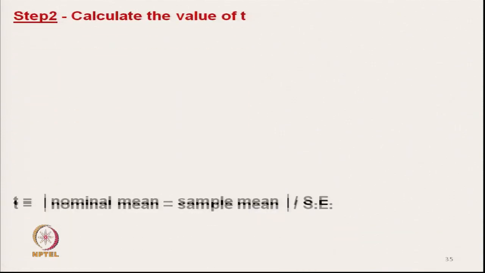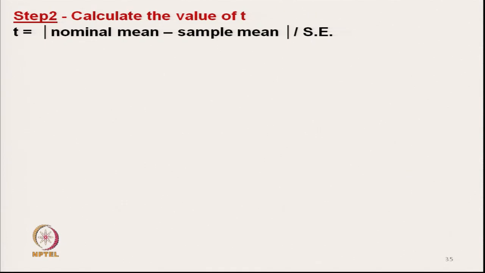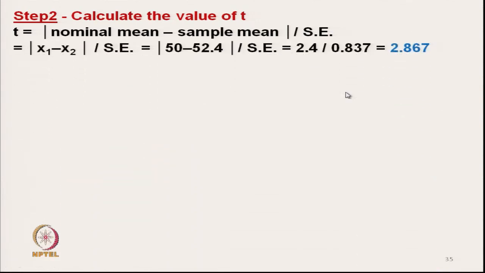Okay. Now, once we calculate the standard error, we can calculate the T value. What is the T value? From the earlier curves and diagrams we have seen that T is the modulus of nominal mean minus sample mean, divided by the standard error. So, let us calculate the T value. This is the T value, 2.867.